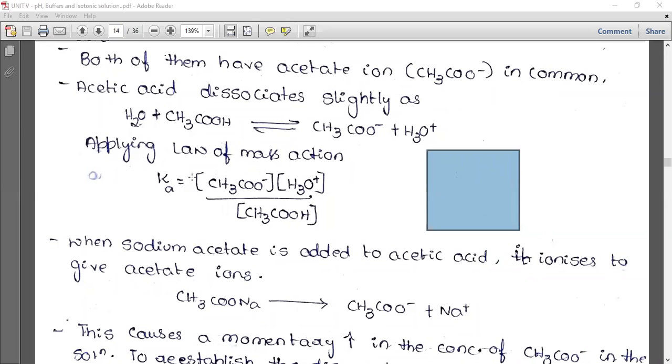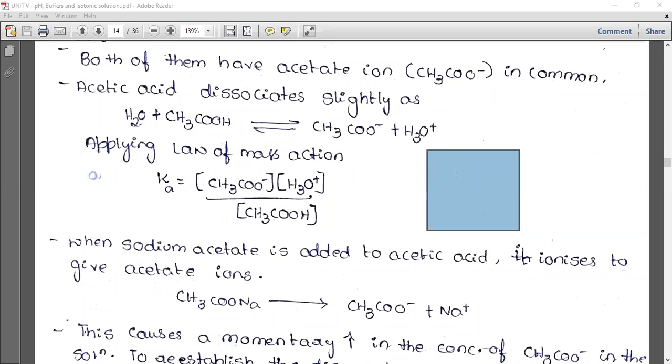Now what happens? The balance between this Ka and the right hand side, between the left hand side and the right hand side, gets disturbed because there is an increase in the concentration of acetate ion. To counterbalance, that is, Ka has to get neutralized because here there is a momentary increase in the concentration of acetate ion.